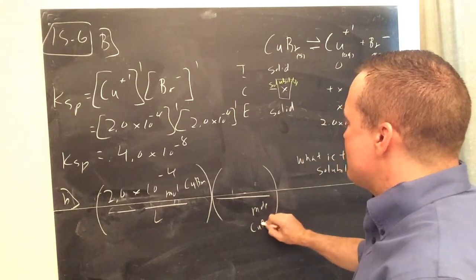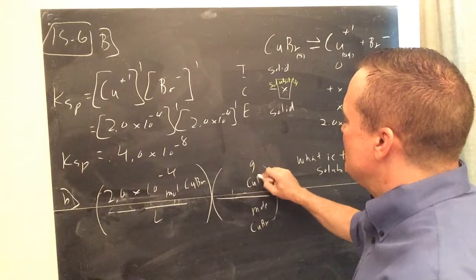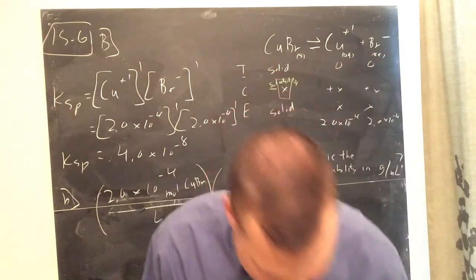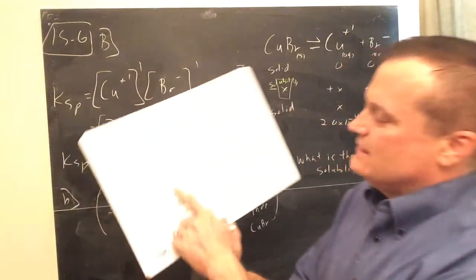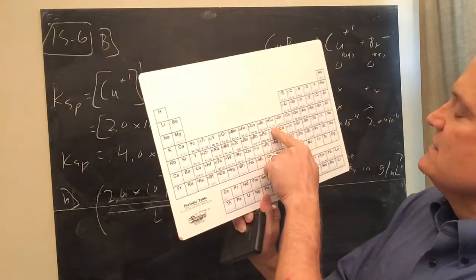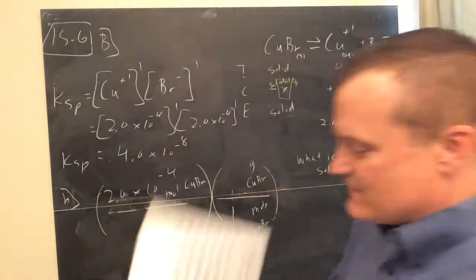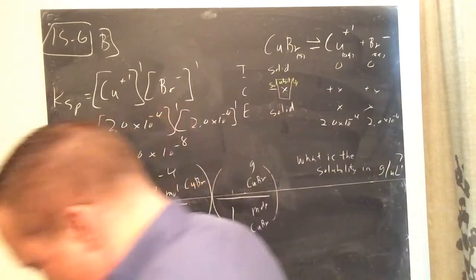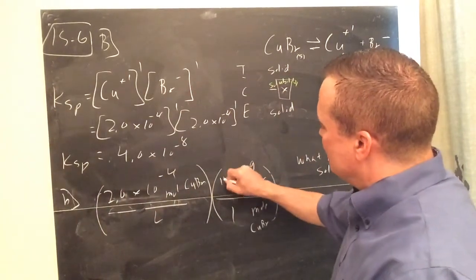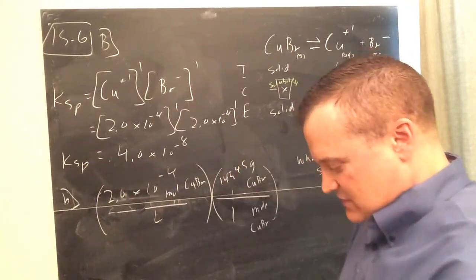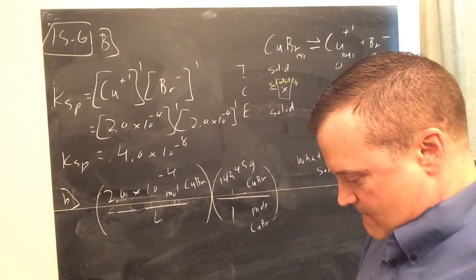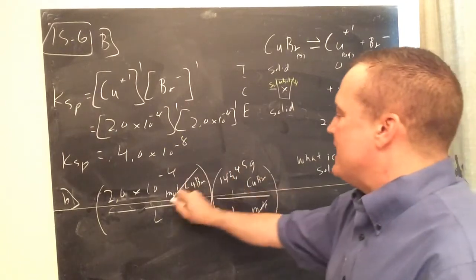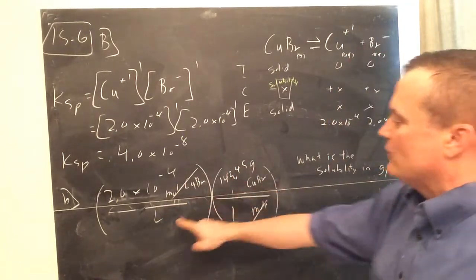Moles of CuBr, change to grams of CuBr, and 1 mole of CuBr, add on the periodic chart, copper is 63.55 and bromine is 79.90, 143.45. Let me double check again. Yeah, 143.45. If I stop the problem right now, I'll have the solubility in gram per liter.